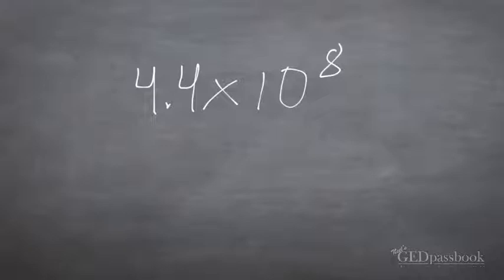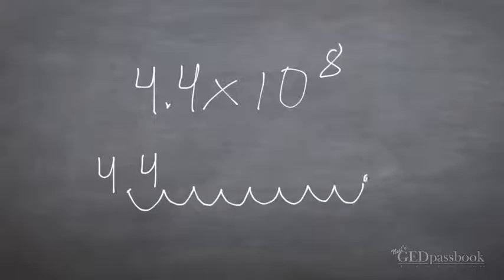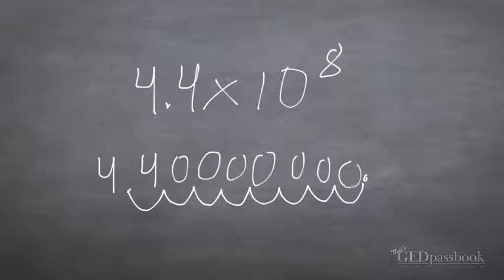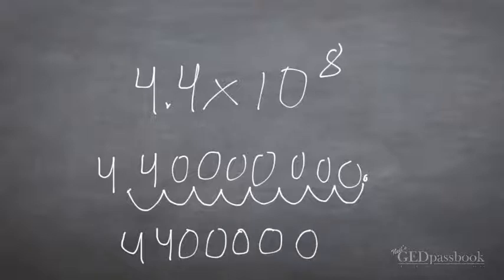That's important because now you know you're going to go that way. So it's 4.4, 1, 2, 3, 4, 5, 6, 7, 8. That's where the decimal goes. Final answer being, geez Louise, 440 million.